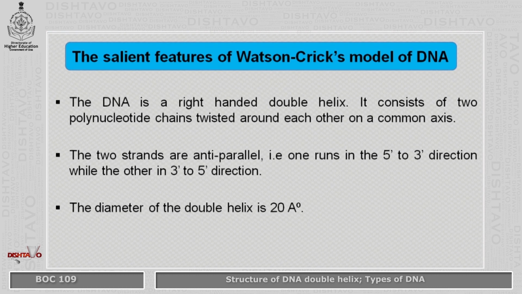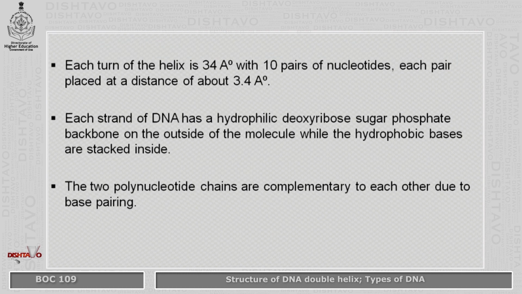So they are antiparallel. The diameter of the double helix is 20 angstroms. Each turn of the helix is 34 angstroms with 10 pairs of nucleotides. Each pair is placed at a distance of 3.4 angstroms.